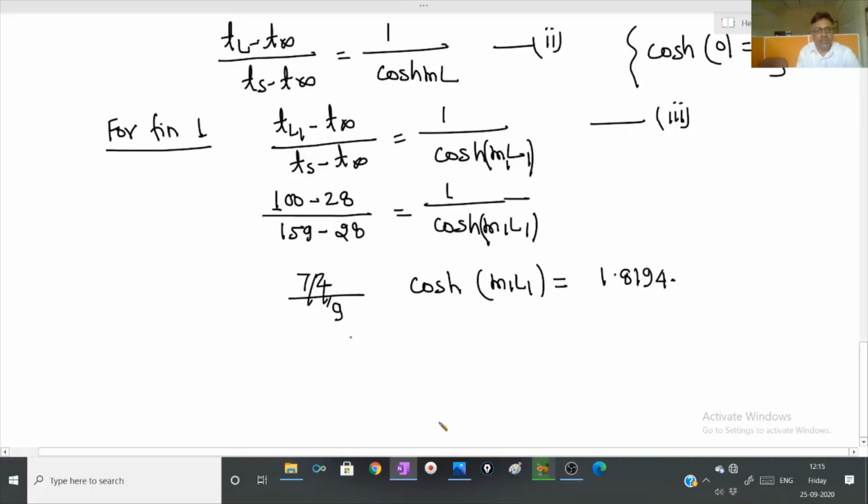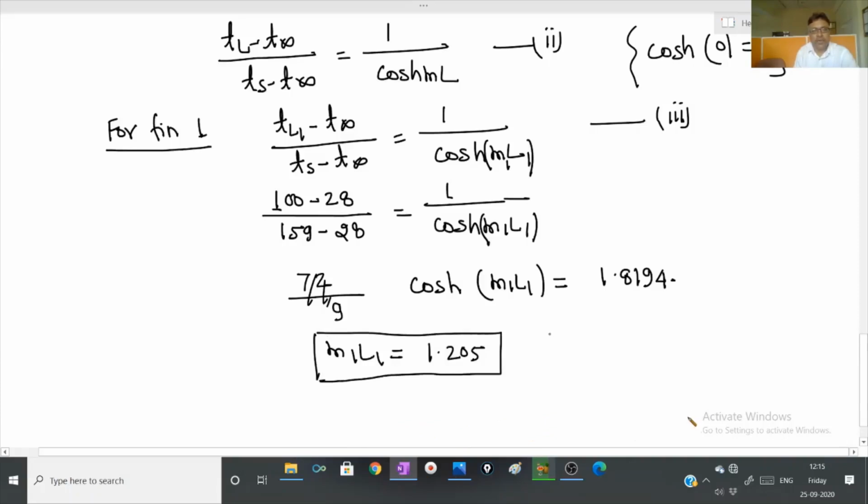Taking the inverse of cosh, m1 L1 is equal to 1.205. Let's say this is equation number 4.